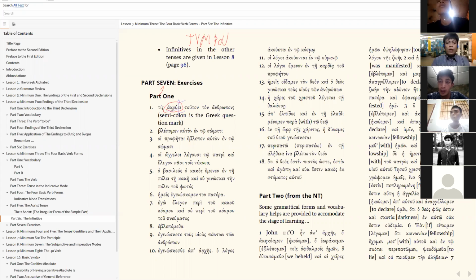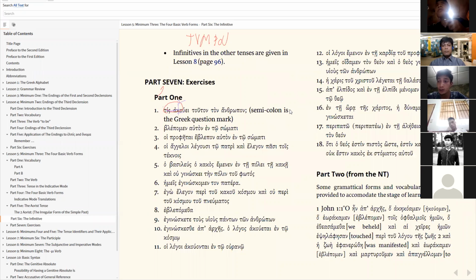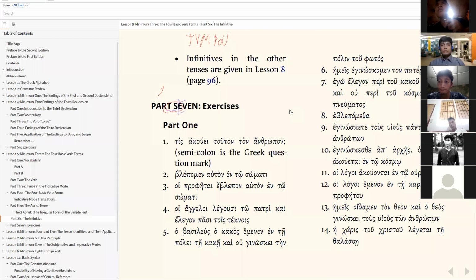This is your verb, akouei. Is that passive? Active. Let's go first to tense, voice, mood. What is the tense? Is it present? Is it imperfect? Future? All right, this is present. Present active.